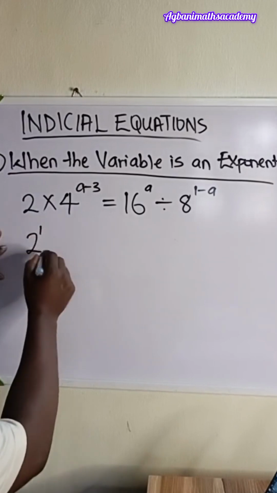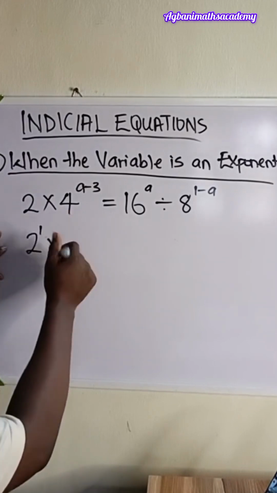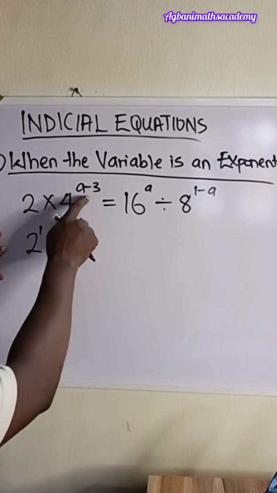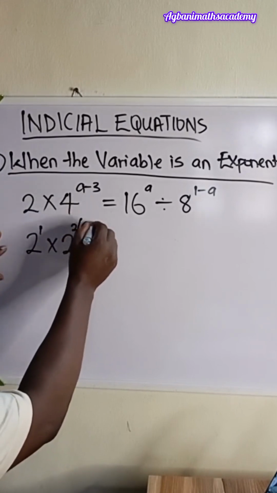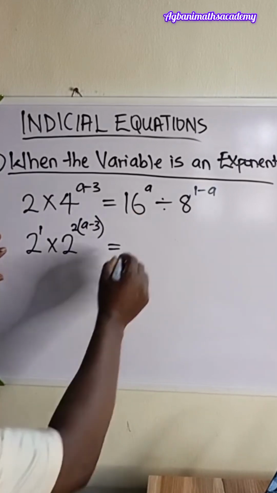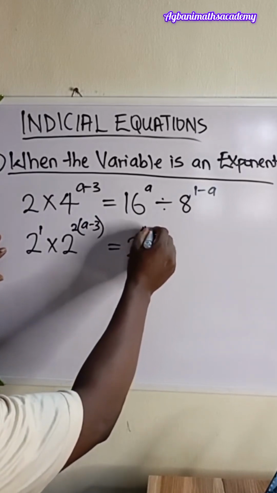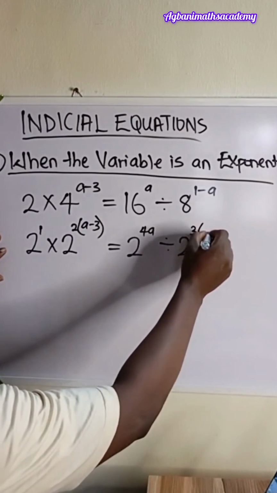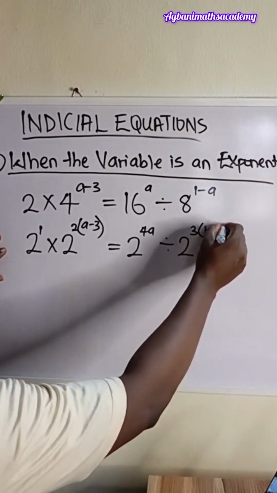So we have 1 times, instead of having 2 here, we're going to have 2 to the power of 2. But this 2 is going to multiply what was already here, a minus 3. Is equal to 16 is 2 to the power of 4. So we have 2 to the power of 4a divided by 2 to the power of 3 into 1 minus a.